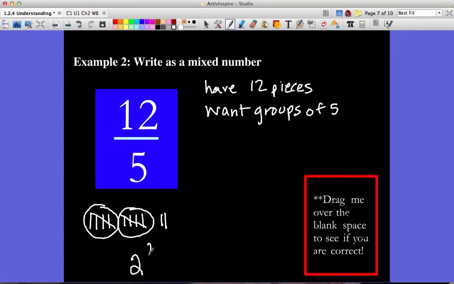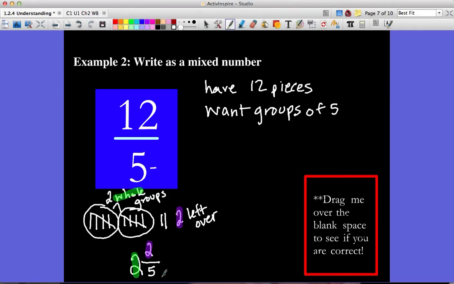I had 2 left over, so that becomes my numerator. And then my denominator stays the same because I don't change the fact that I wanted groups of 5.